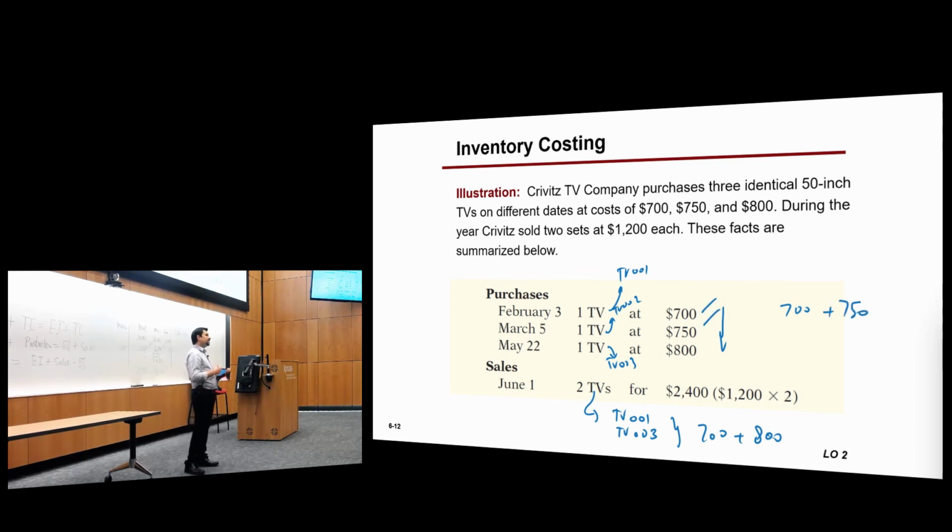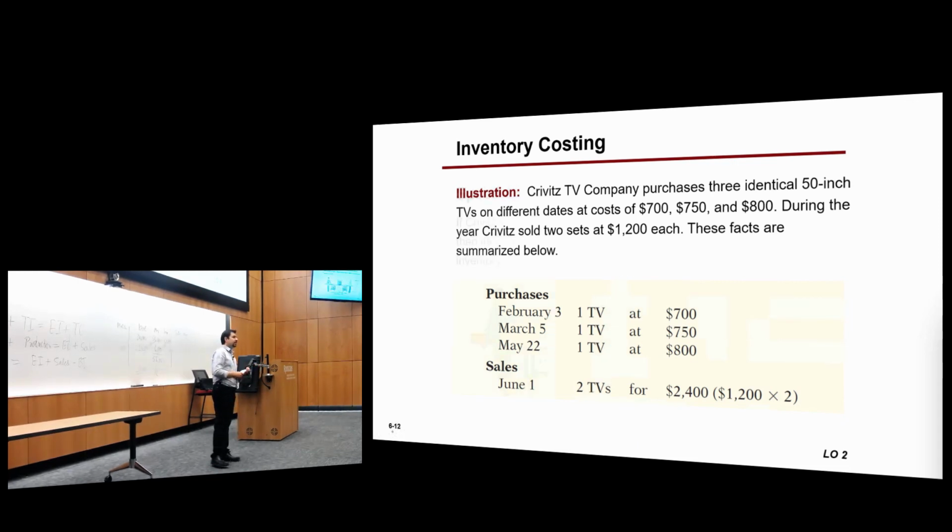Another way is last in, first out. They will start in this direction. It will be 800 plus 750. Okay? So it depends. There are different ways. And under GAAP, whether you use LIFO, FIFO, etc., those are acceptable.